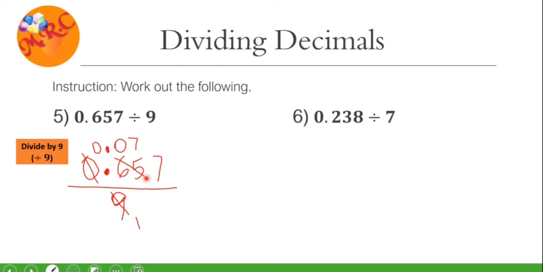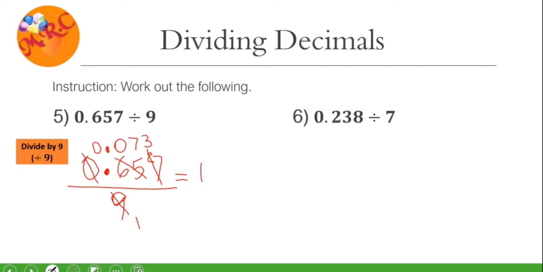Good. So that remainder of 2, we're going to bring it to the 7 here. So it goes with the 7. So we carry over 2 tenths. And now we have here 27. Alright. And we're going to go ahead and say 9 into 27. And that is going to give us 3.